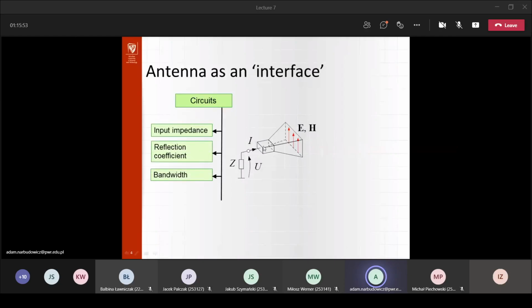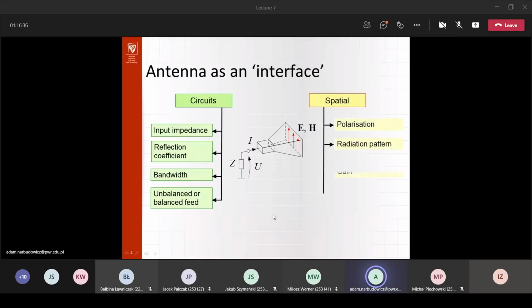One, if you look from this side, it can be classified by a range of circuit parameters, just like a normal electronic circuit or device that you plug into your electronics. It can be described like any high frequency or radio circuit, with certain impedance, called here input impedance, reflection coefficients, bandwidth, and so on and so forth.